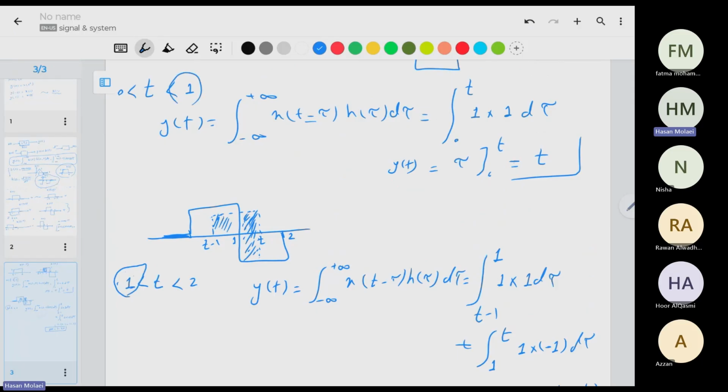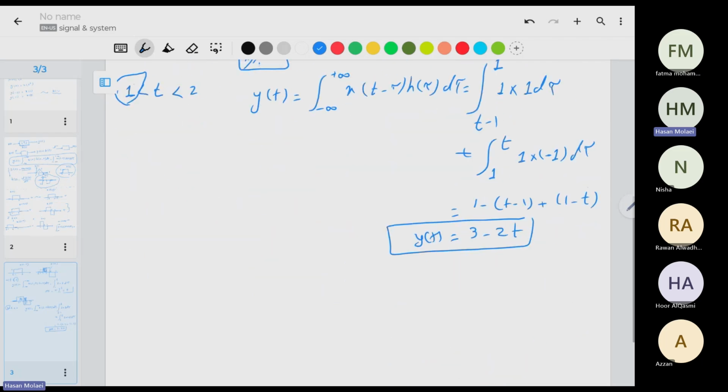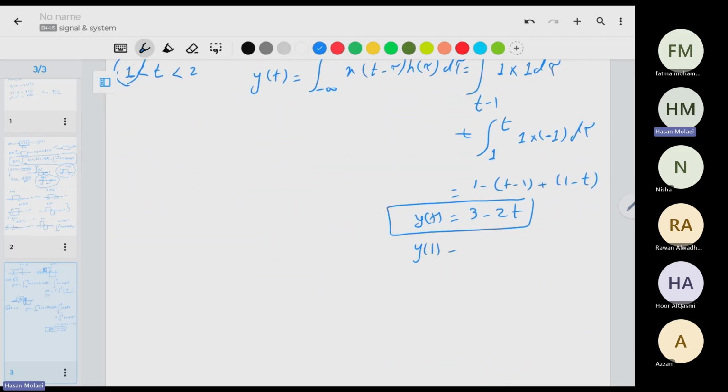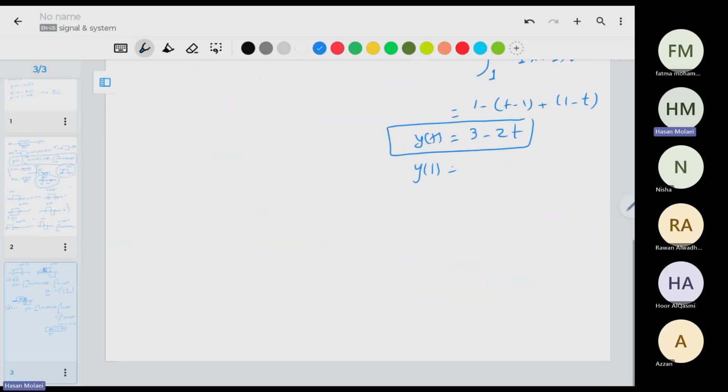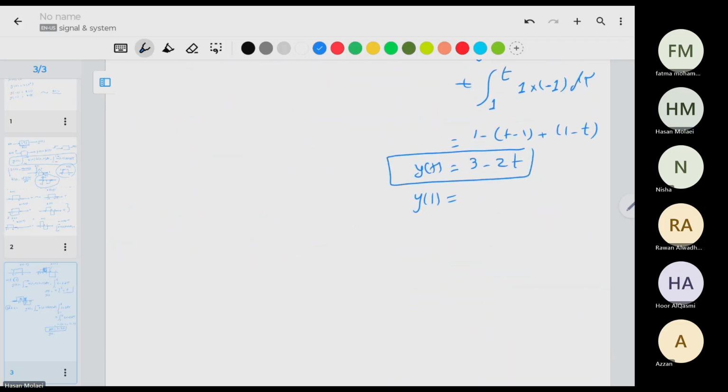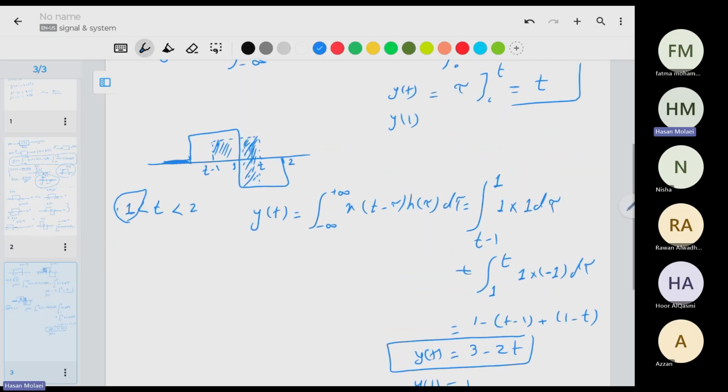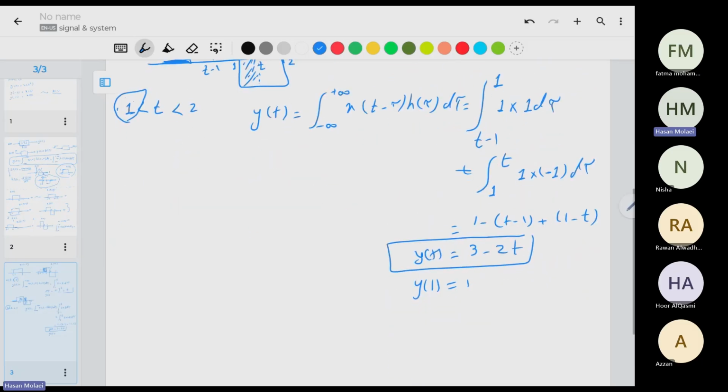The border of these two regions. y(1) here should be equal to y(1) here. At the border, it should be continuous. Here y(1) is 1, here y(1) is, again, 1. Okay. That's for checking if you are doing well or not.